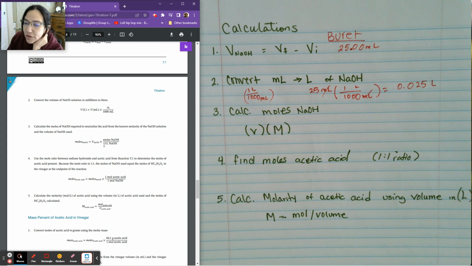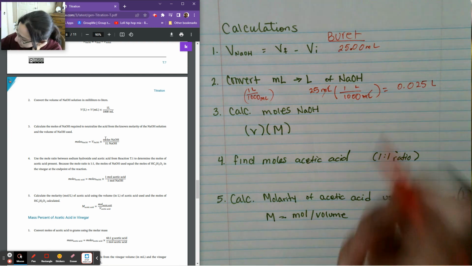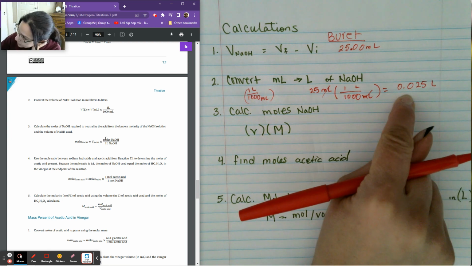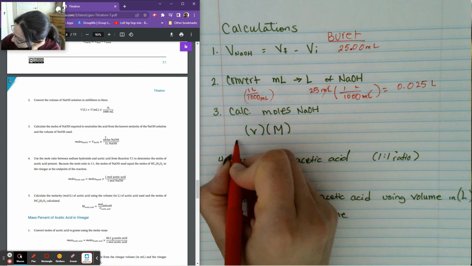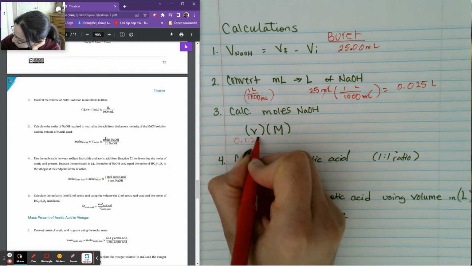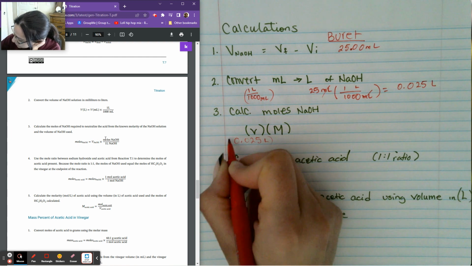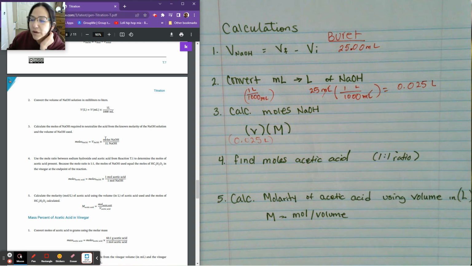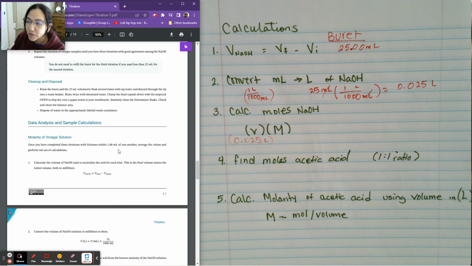Next part is we want to calculate the number of moles of sodium hydroxide. So the moles of sodium hydroxide is going to equal the volume times the molarity of sodium hydroxide. The volume is 0.025 liters. However, what is the molarity of this? How did we know what the concentration was of our sodium hydroxide?